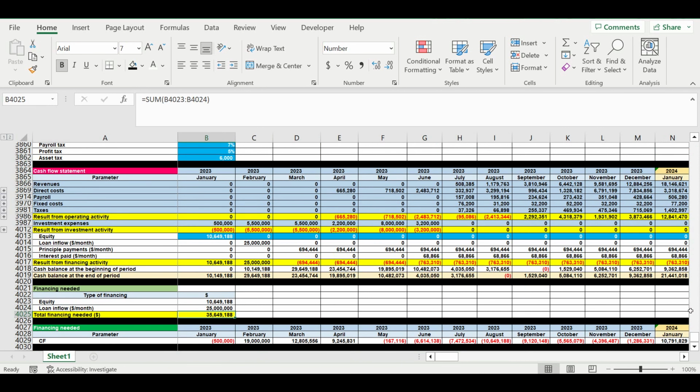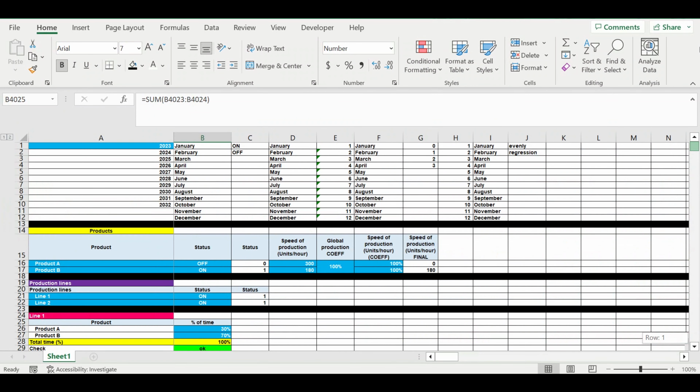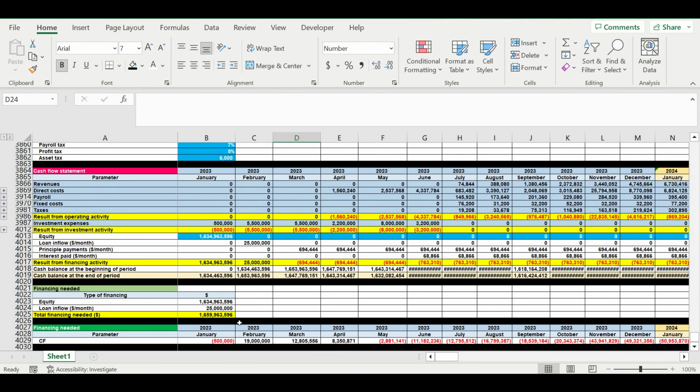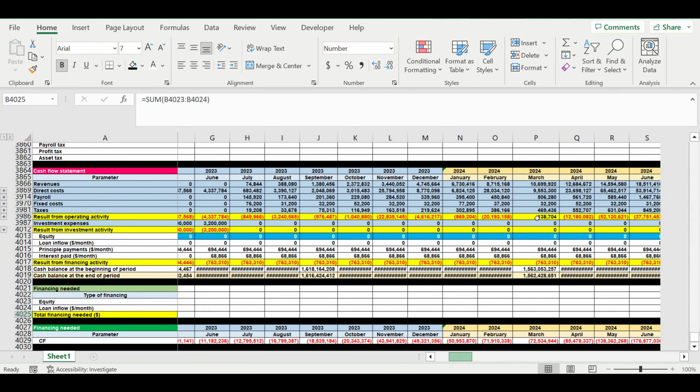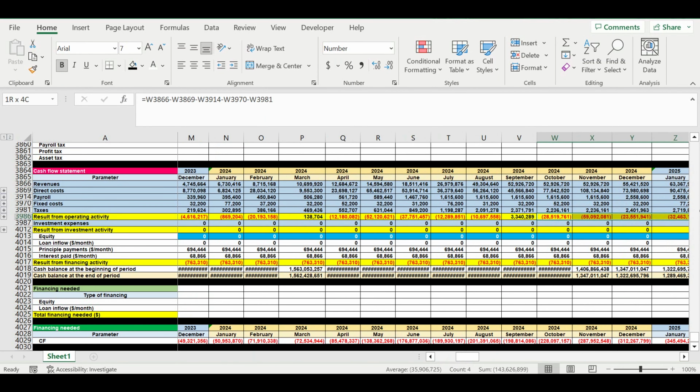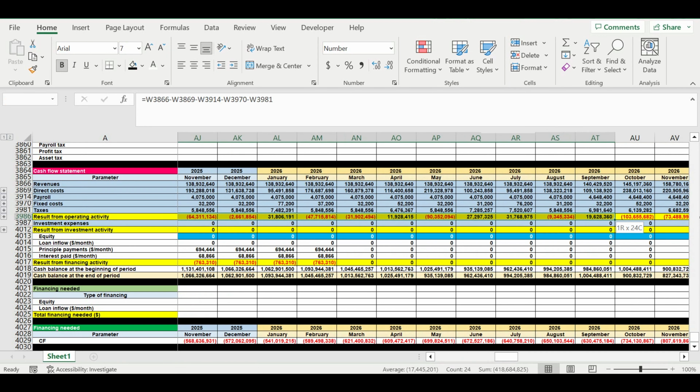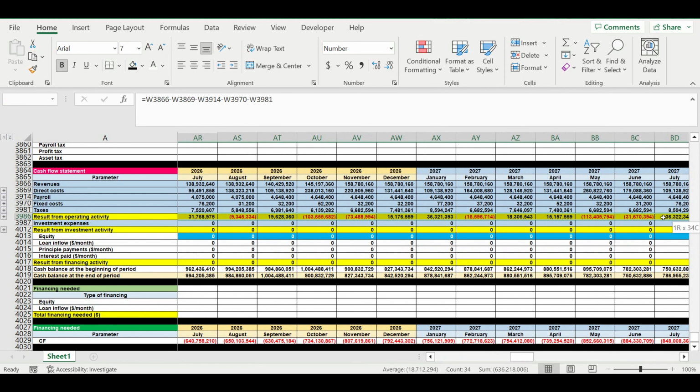Then, for example, we can switch it on again, go here, switch off product B from calculations, and see how much financing we need in this case. So we can see here, if we switch off product B, then product B plays a critical part in our business idea, so we can't be living without producing product B.